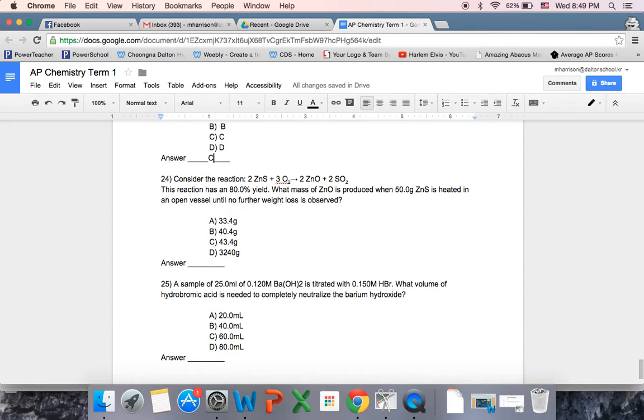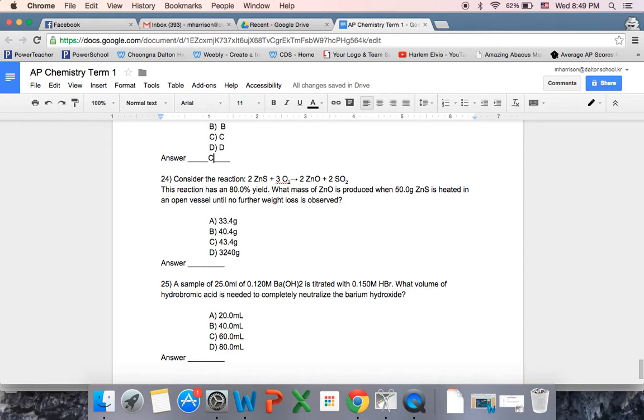Consider the reaction. We're looking at zinc sulfide and oxygen turning into zinc oxide and sulfur dioxide. We're going to heat up 50 grams of zinc sulfide in an open vessel until no further weight loss is observed.